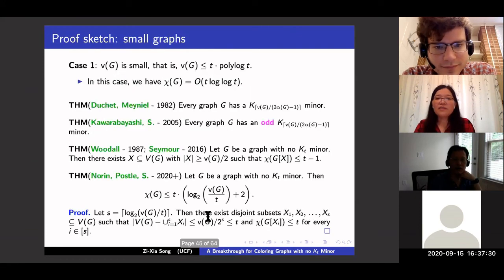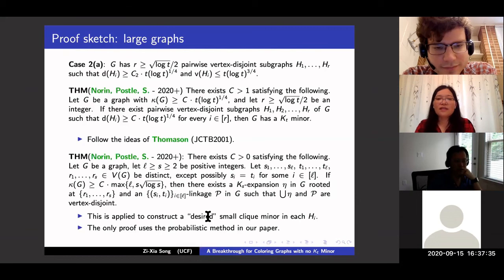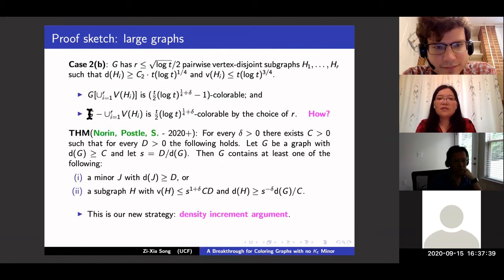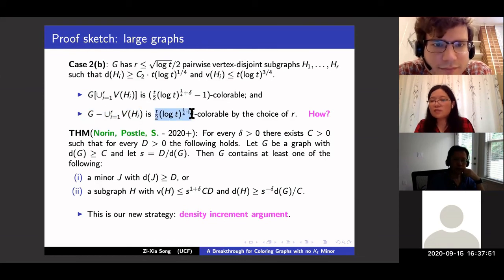Later on you have to make sure you can add an H to your collection. Remember I said if this graph is not colorable by this many colors, it would contain a critical subgraph H with minimum degree at least this many.